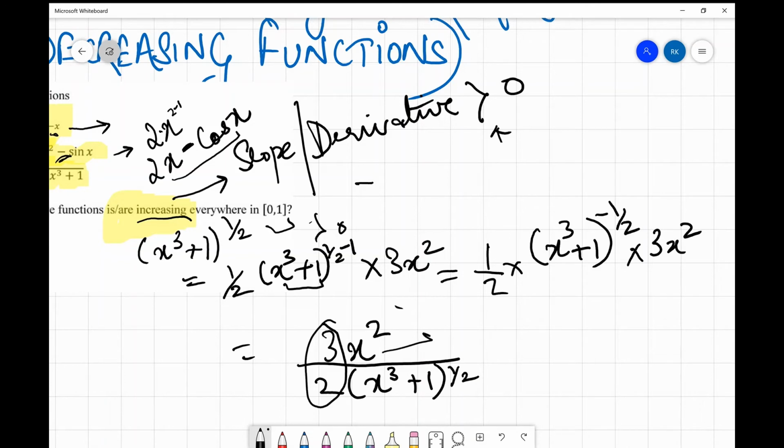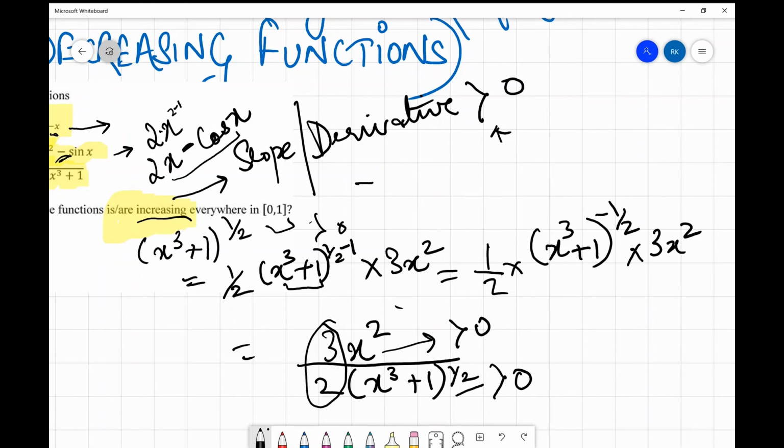Now, x square will always be more than 0, because the square of a negative number is also positive. So this has no problem. The square root of any number will always be positive, so this is also more than 0.